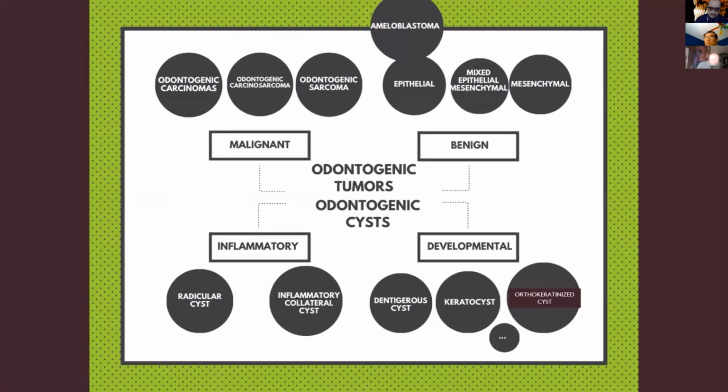But we have to highlight these specific odontogenic tumors because of their aggressiveness and their frequency. We are going to highlight ameloblastoma, either conventional, solid, or unicystic, and these three odontogenic tumors for the same reason.